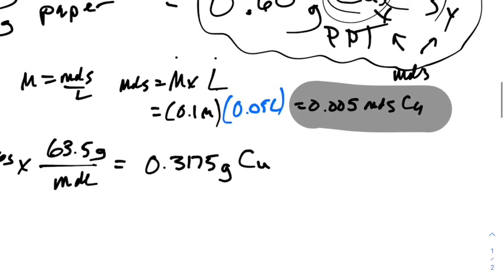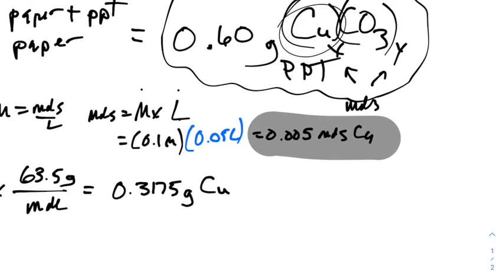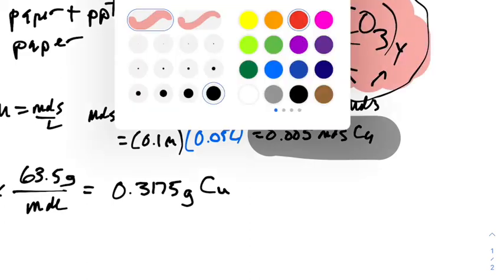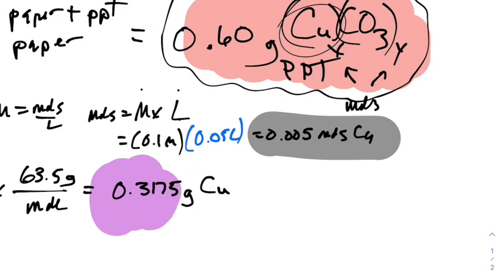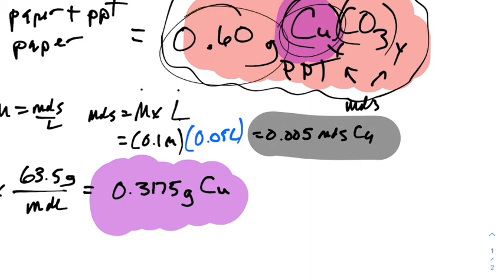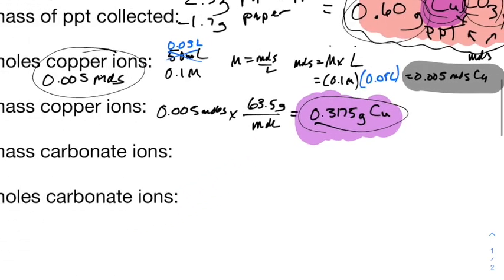All right, so now guys, check it out. We know that overall there was 0.6 grams of copper and carbonate, and we know now that there are 0.3175 grams of the copper. So whatever is left over of our 0.6 that is not this number should be the carbonate that's there. So all we have to do is subtract those.